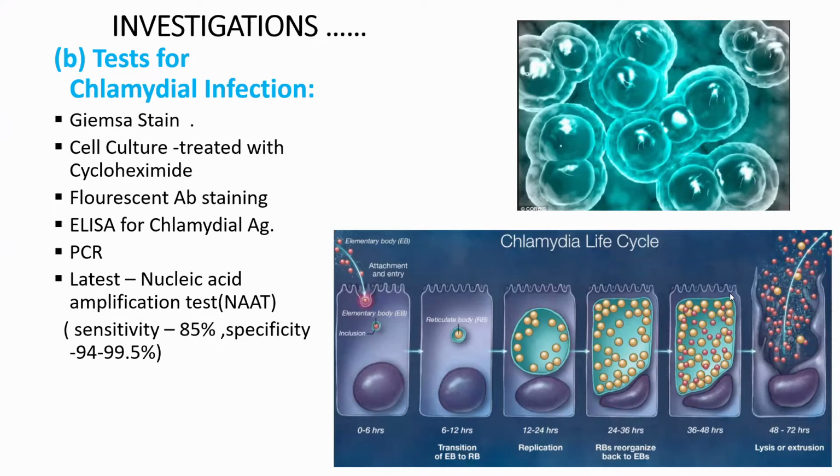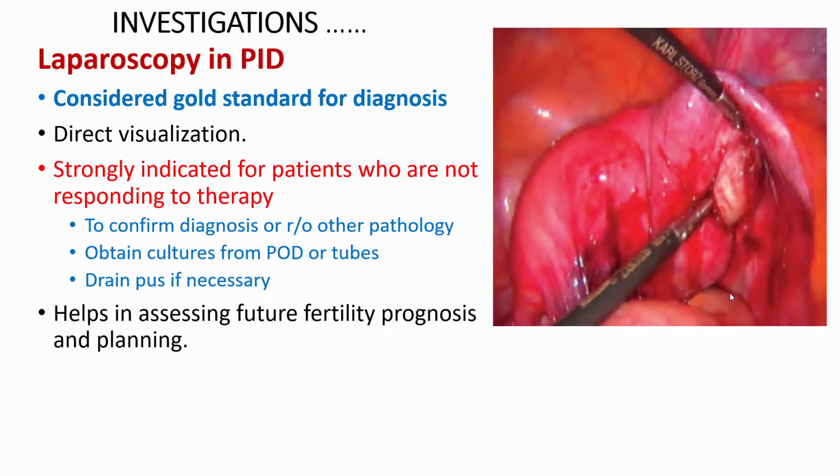So coming to the investigation, another one. We discussed the blood test, the microbiology swabs, and PCR, the nucleic acid amplification test as well. I have kept laparoscopy in the investigation because when there is a diagnostic dilemma, we can go for diagnostic laparoscopy.